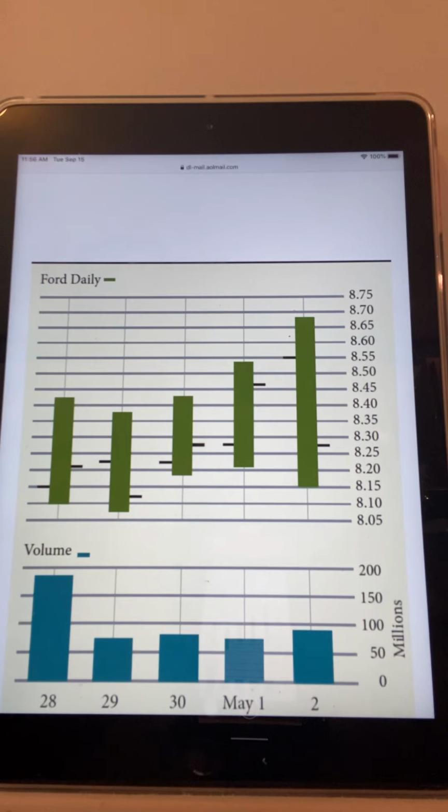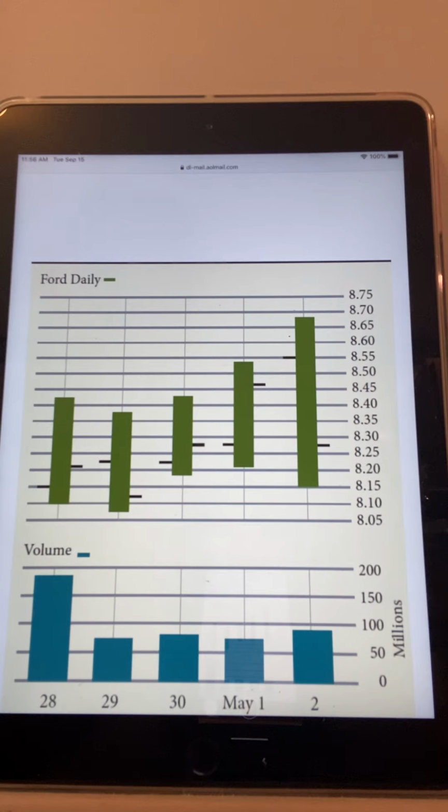Now, if I were to ask you what was that greatest high price, you would go to the top of the rectangle and follow horizontally over to the scale. You see it's between $8.65 and $8.70, maybe a little closer to $8.70. So I would just estimate $8.68.